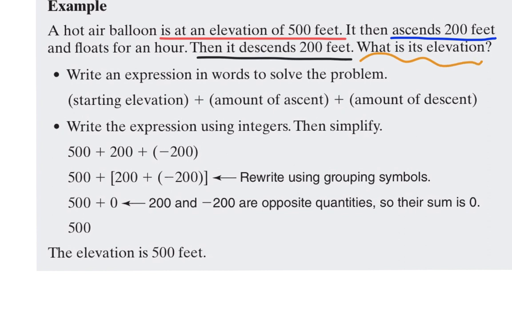This time the book just wrote an expression. So they said if it's starting at 500, that's 500. Then it ascends 200. Ascends means going up. So that's plus 200. And then it descends 200 feet. Descends is going down. So we could say plus negative 200, or you could say minus 200.